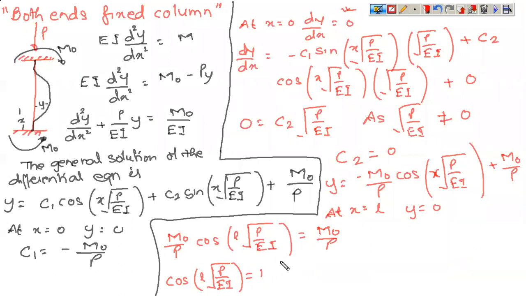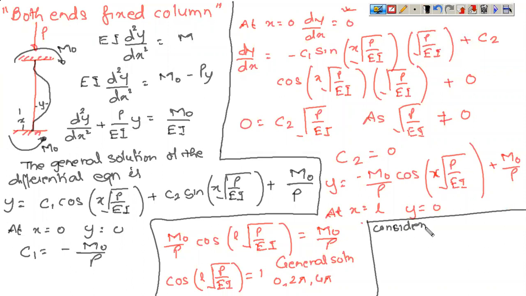So the general solutions are 0, 2 pi, 4 pi. So these are the general solutions. So again, considering the first practical value.